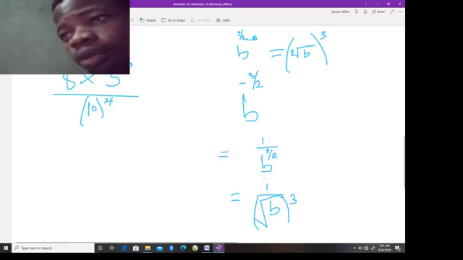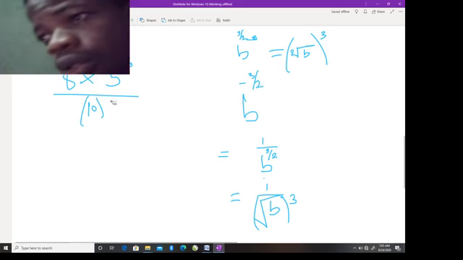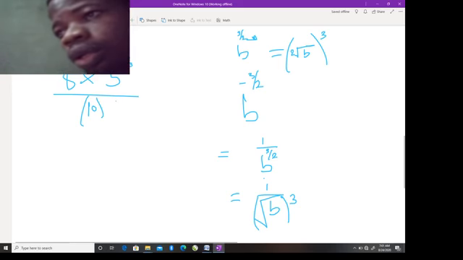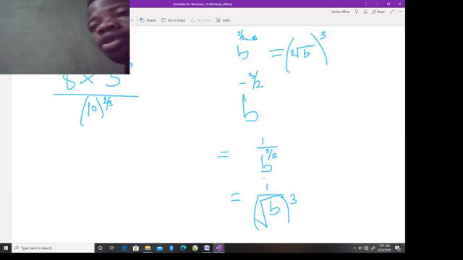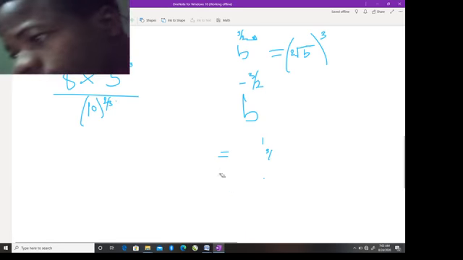Okay, let me do this. So we have this 2 divided by 3. You need to be very careful with this. So how do we go?